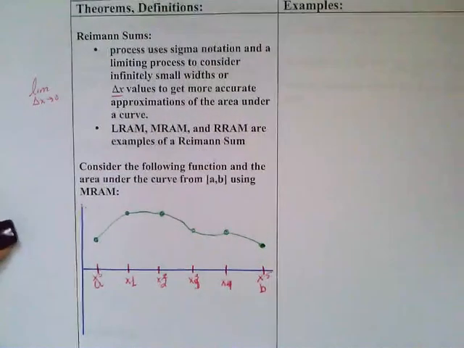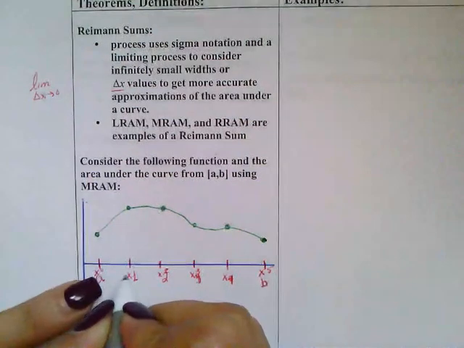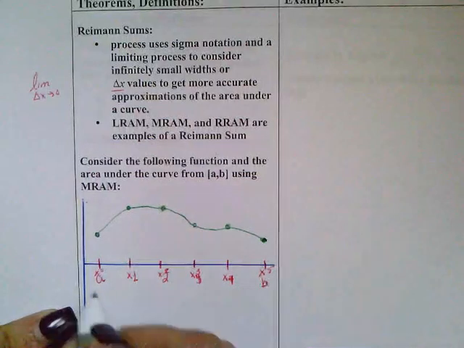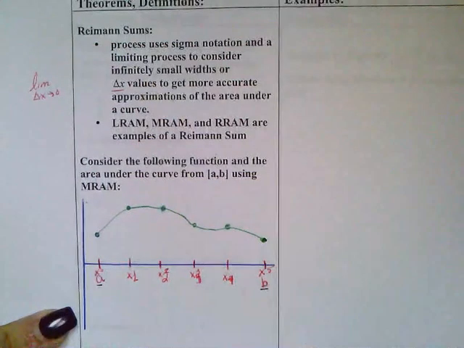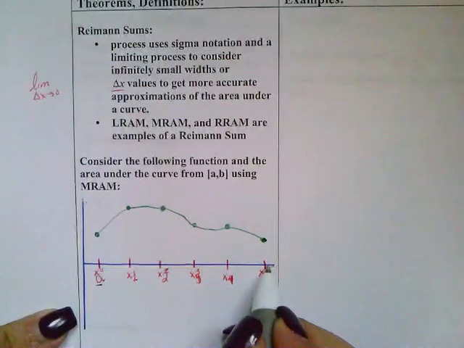So let's consider the following function and the area under the curve from A to B using MRAM. So using MRAM, of course, it means that in between each subinterval, and I've already broken this up into the subintervals, here's A to B, and I've broken this up into 5 subintervals.